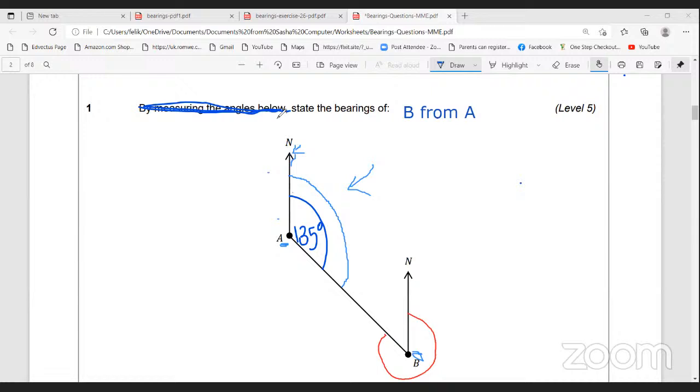Three quarters of the time you won't see a north line, so you need to put it in at your starting point, and then go from your starting point clockwise to whatever line it is. So the answer for that one is 135 degrees.